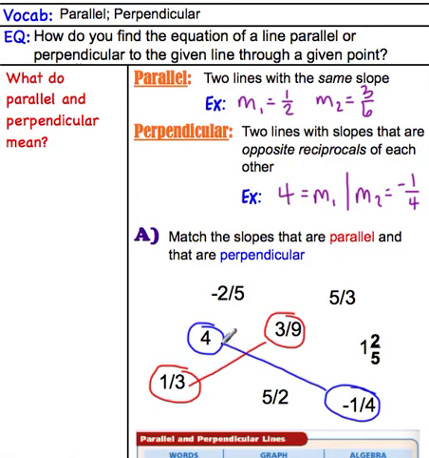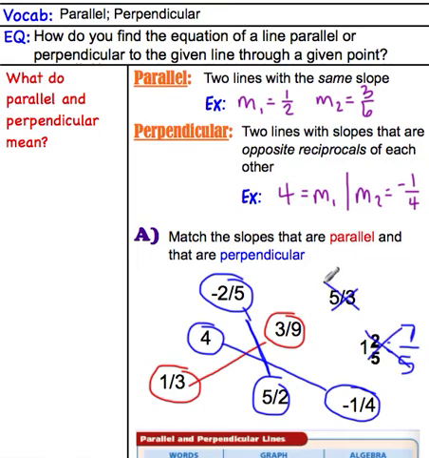I also see -2/5 and 5/2 matching up, because if I flip over 2/5, I get 5/2, and then I make it negative, or opposite of what I had originally. 5/3 doesn't have one because 1 and 2/5 would be equal to 7/5, and 7/5 flipped over would be -5/7, so these don't have any matching.